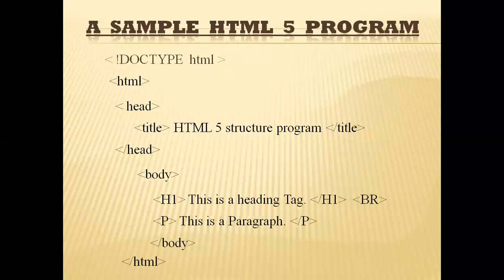So this is a sample program showing you a basic structure. I hope you have got an idea how to write the HTML5 program. This was an example program for beginners, and the session for today is over. In the next session, we shall start with programming in HTML5.